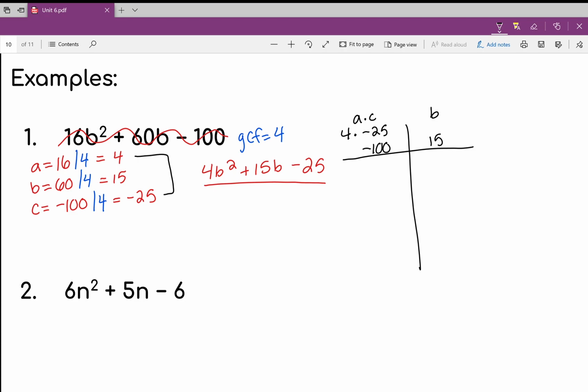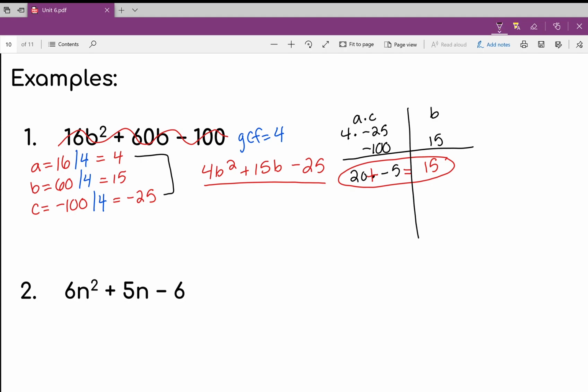So we need to find two numbers that multiply to negative 100 but add to 15. And those two numbers are going to be 20 times negative 5, because 20 times negative 5 is negative 100, but 20 plus negative 5 gives us 15. So this is our pair we're going to work with. Remember, as soon as we find a pair, we don't have to worry about finding other ones.